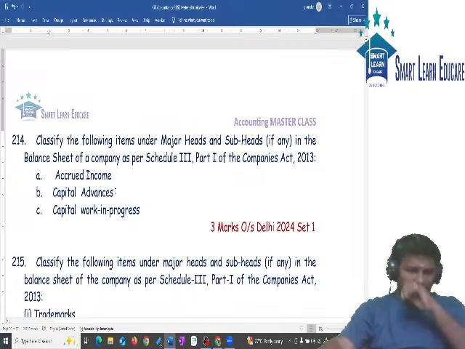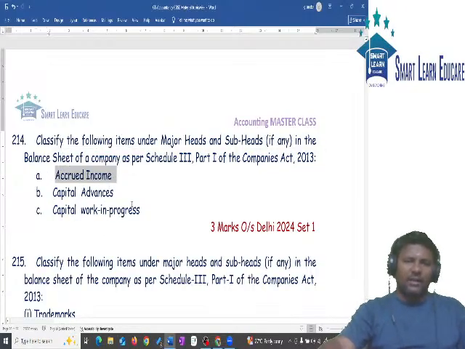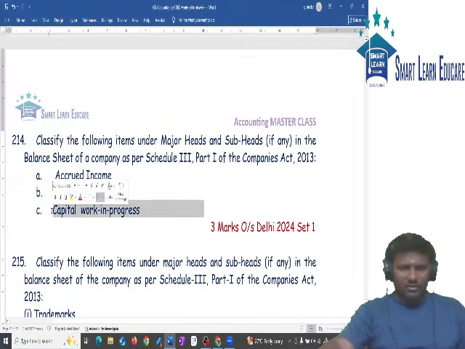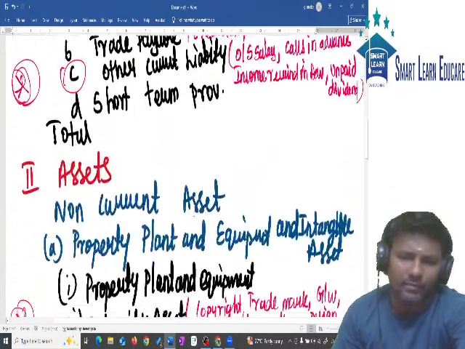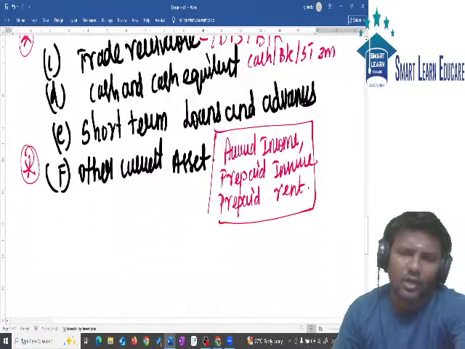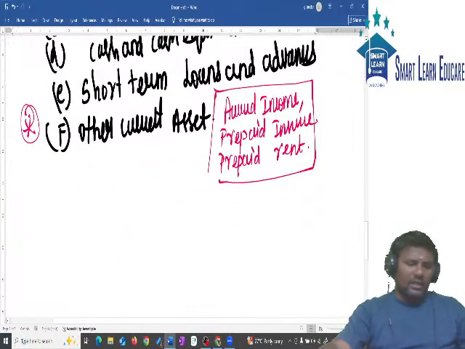Accrued income, capital advances, capital work in progress. Accrued income, I told you specifically. Accrued income will come under what asset? Other current asset.